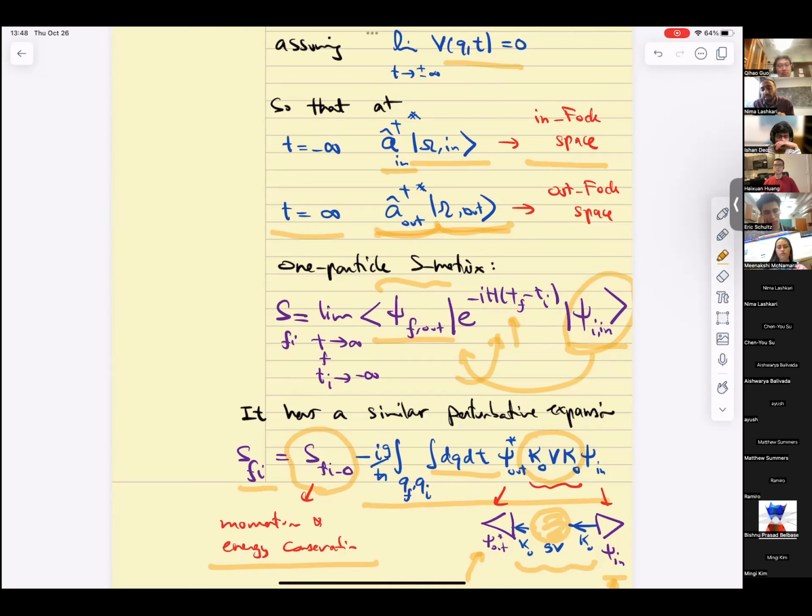You might ask me, how do I get vacuum correlation functions? So what I'm going to go through is a very deep insight in path integrals. It underlies a lot of key results in quantum field theory that relate the S matrix to correlation functions.